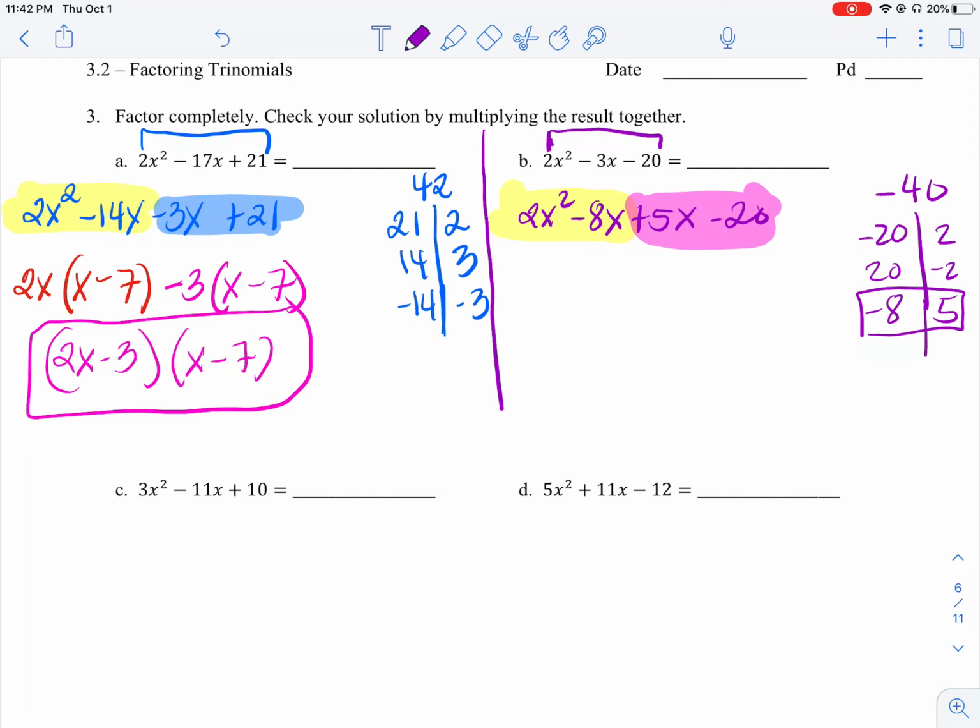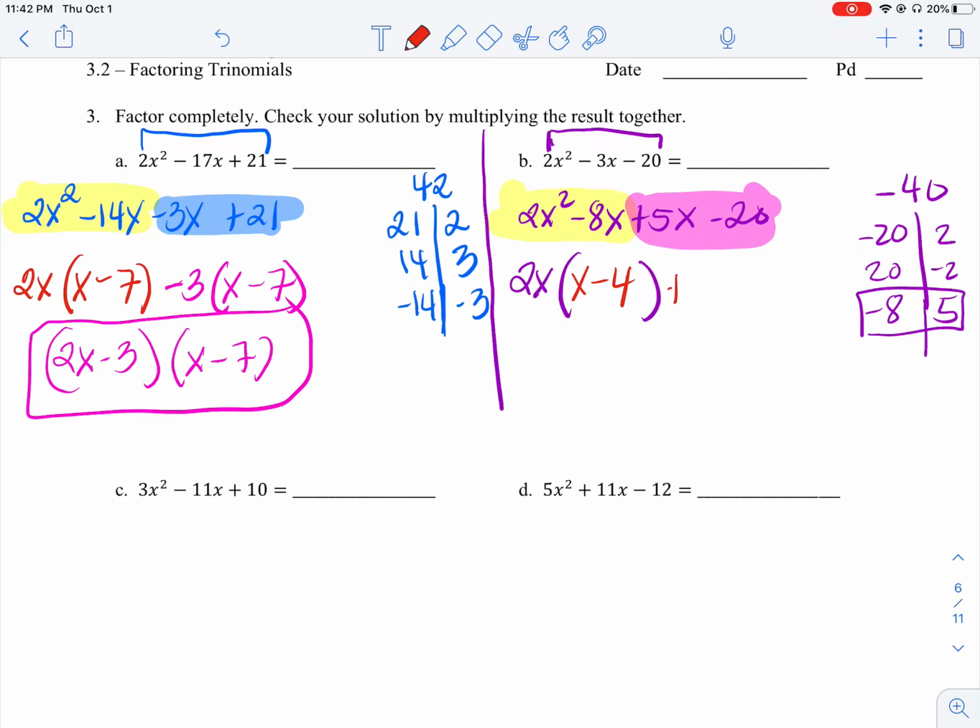Okay, what's common between 2x squared and negative 8x? Is 2x common? What do you guys think? So you're going to do 2x squared divided by 2x, that is x. And then you do negative 8x divided by 2x, that's a negative 4. Do you guys agree? And then what's common between 5x and negative 20?